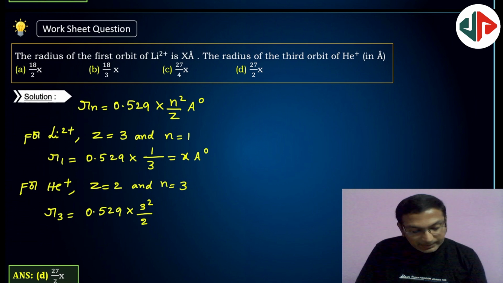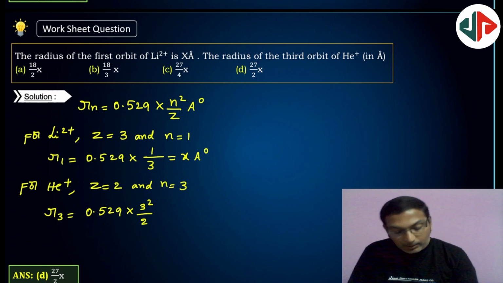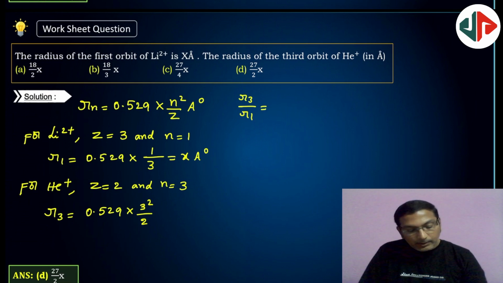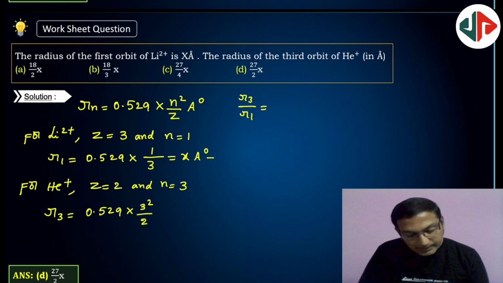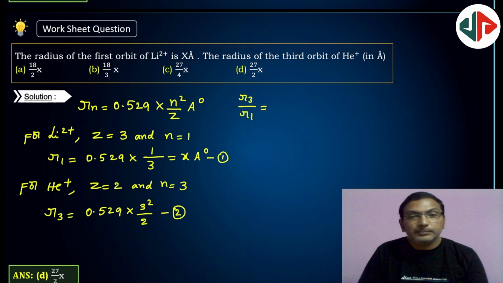So I am considering R3 by R1, where this is expression 1 and this is expression 2.